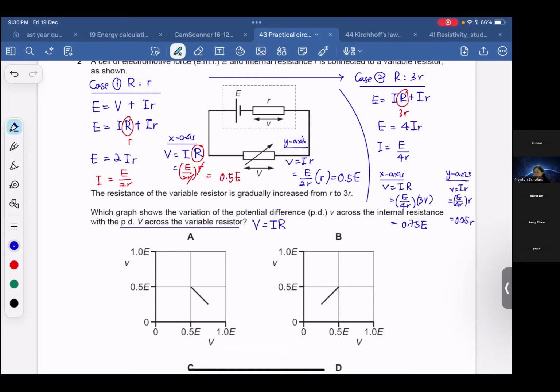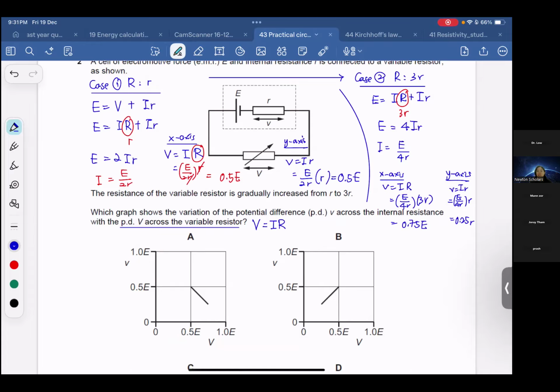Any of you get the answer? Same method, E equals IR plus IR. Now the big R is 3R.